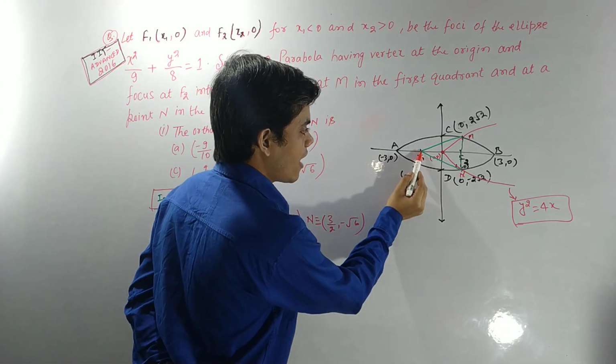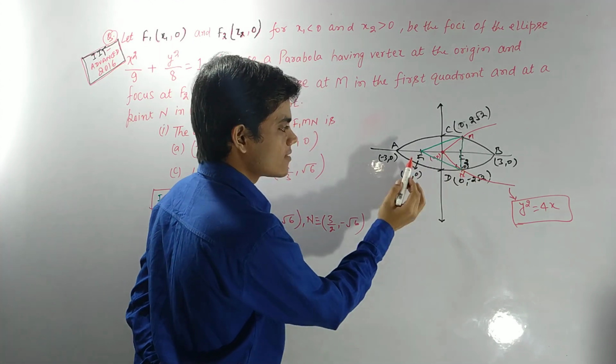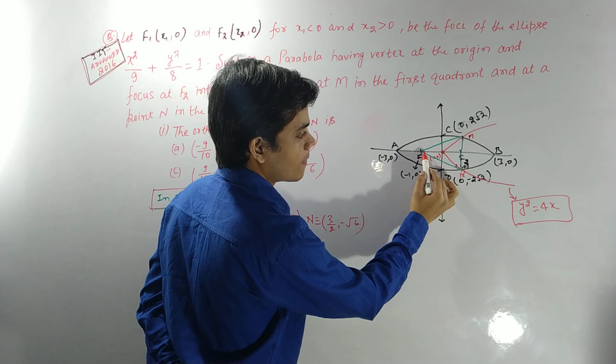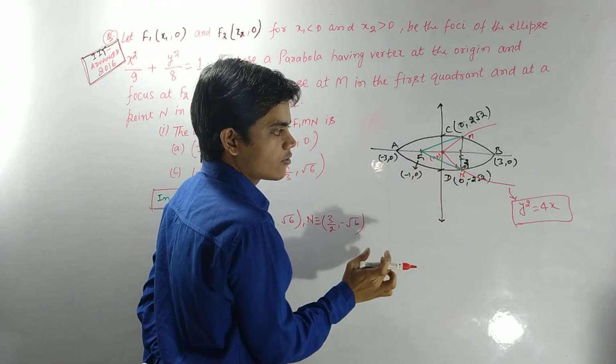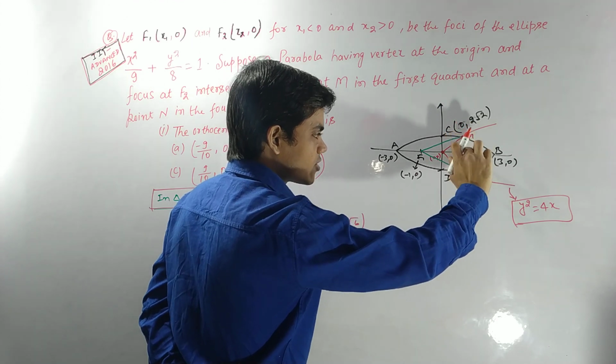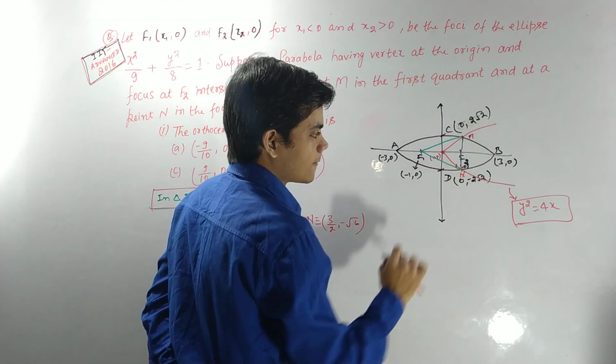In triangle F1MN, you can see this F1F2, the straight line y equal to 0, and this straight line MN.